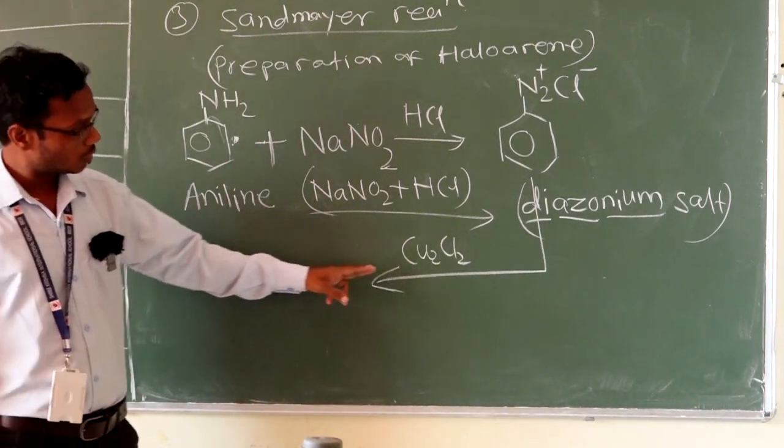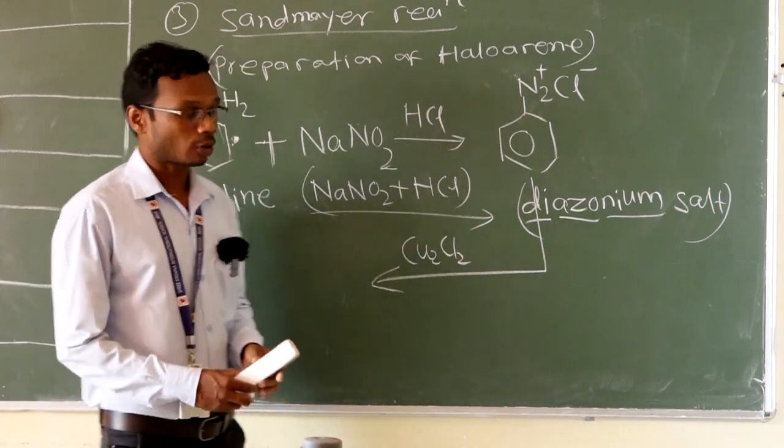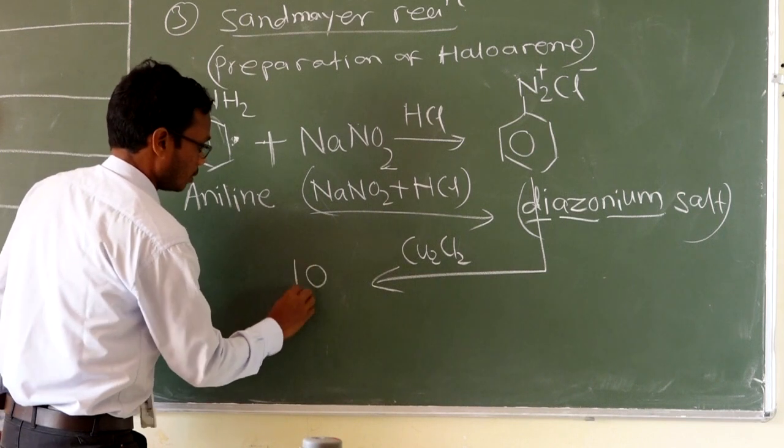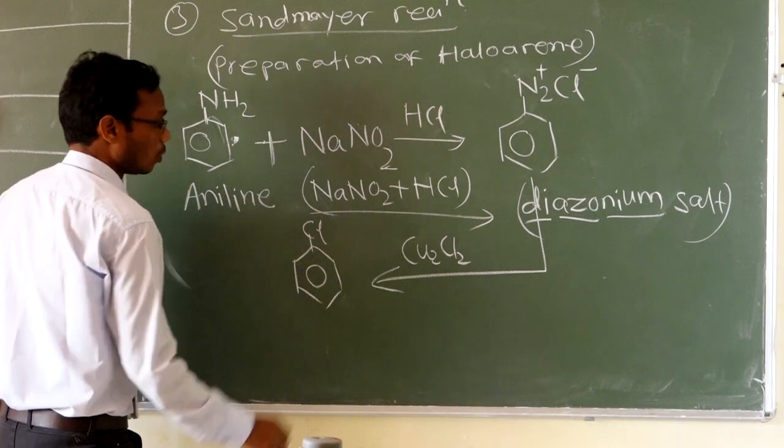If you use Cu2Cl2 on this, nitrogen gas is released and the product will be chlorobenzene.